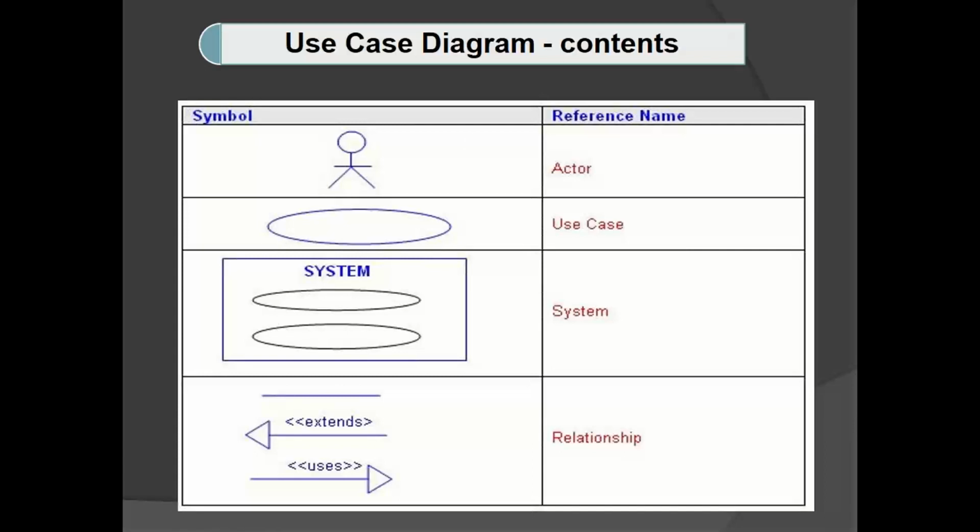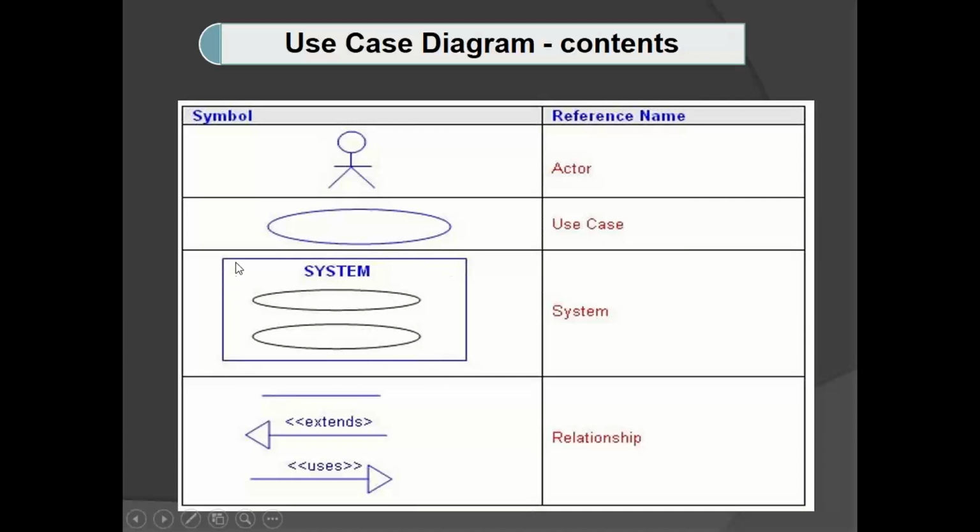Then what are the contents of a use case diagram? These are the 4 contents. We have the actor, the stick symbol, and this ellipse symbol is nothing but a use case, and we will have a system boundary. That means the rectangular shape is nothing but a system boundary.